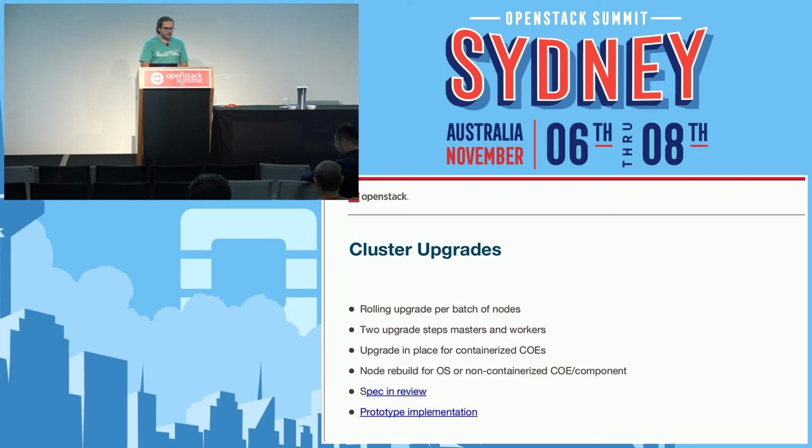So this is very good for Ironic machines, which means you don't have to delete or redeploy. It will just download the new image. It will install it again. There is the spec and review, and there is a prototype implementation that I did for Kubernetes and for the API, so you can go and have a look.